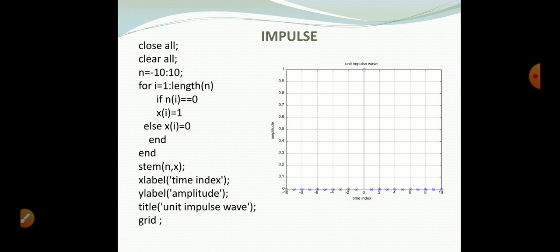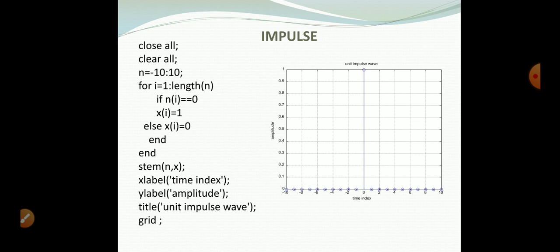Minus 10 to 10 is the limit of the x-axis. For i equal to 1 to length of n, if n of i equal to 0, x of i equal to 1, else x of i equal to 0. If the value of n is equal to 0 only, then x of i equal to 1. In all remaining positions, x of i will be 0.